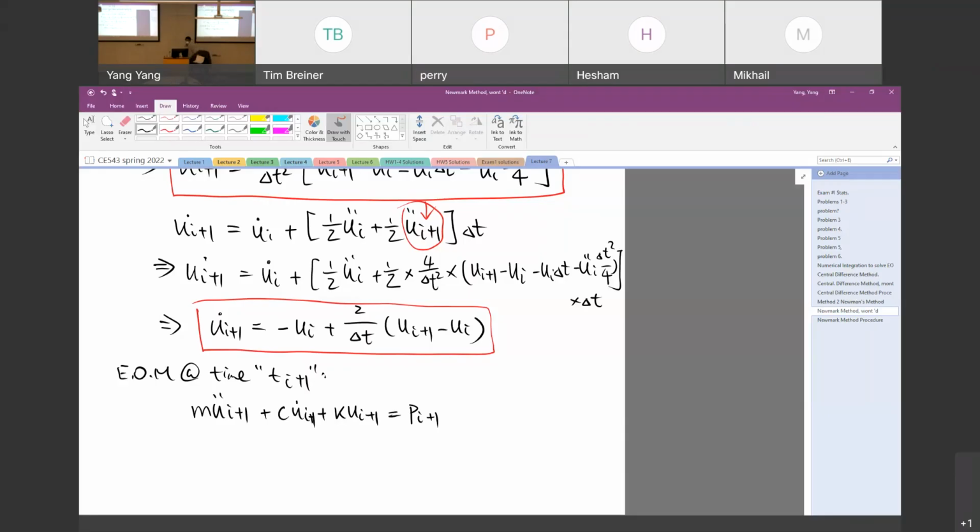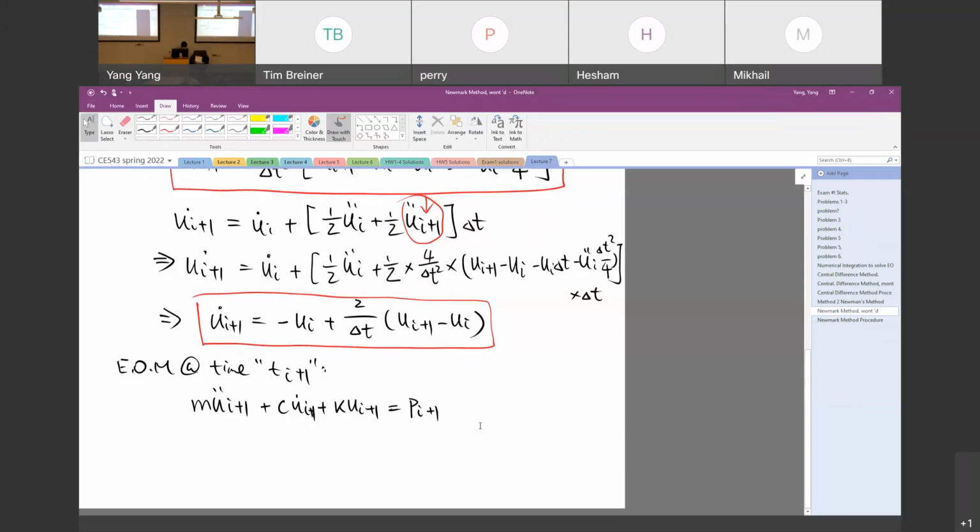So at any time, the equation of motion should be met. So now we substitute everything in this equation.